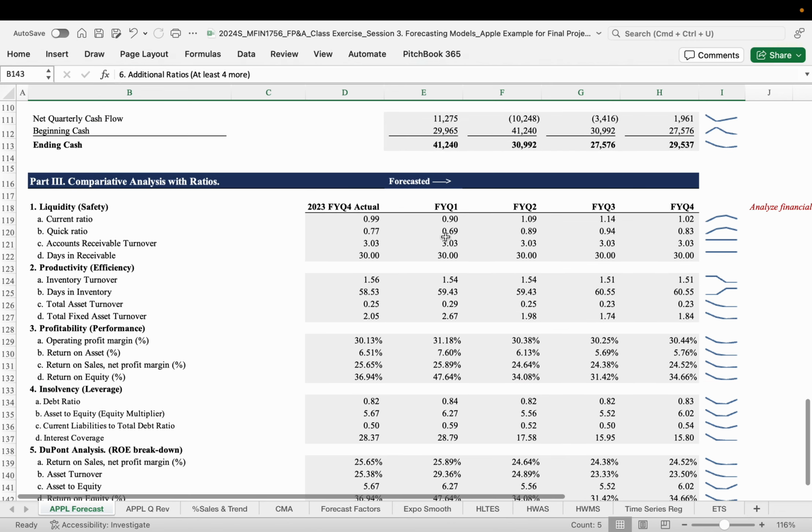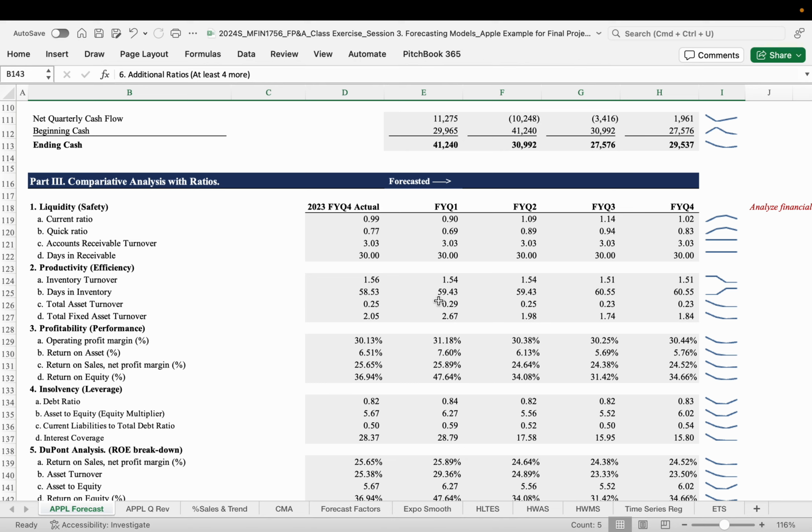I usually use these financial ratios to justify my assumptions. It's not only to analyze their performance, productivity or leverage, but also to check whether my assumptions are correct or not based on the ratio analysis.